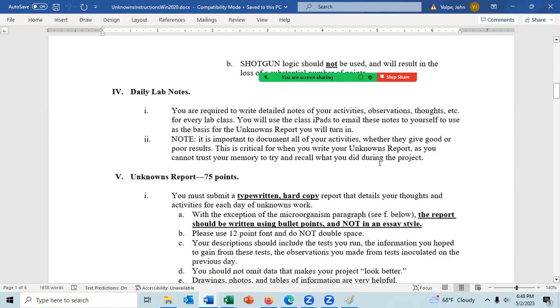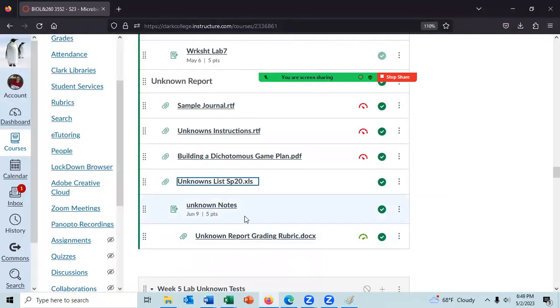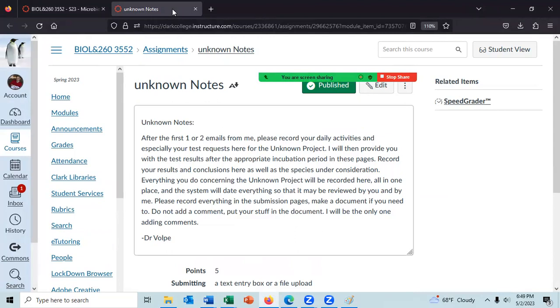You should record your daily lab notes. Obviously, on a day you're asking for a test, you should put down on that day the test you're requesting. And what you want to do for recording your daily notes is use your unknown notes pages. I won't have an unknown notes because I'm an instructor.